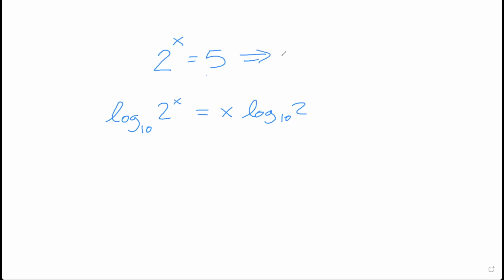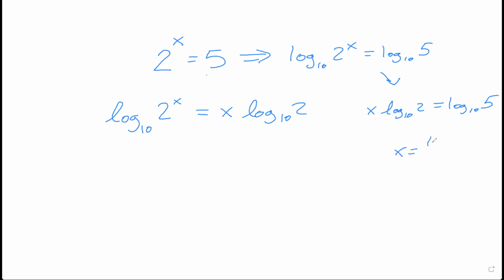I'm doing air quotes, but you can't see that. I would have log base 10 of 2^x equals log base 10 of 5, which leads to x log 10 of 2 equals log 10 of 5. So x equals log 10 of 5 over log 10 of 2.